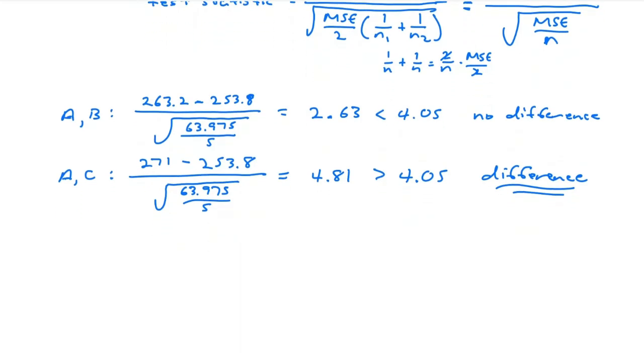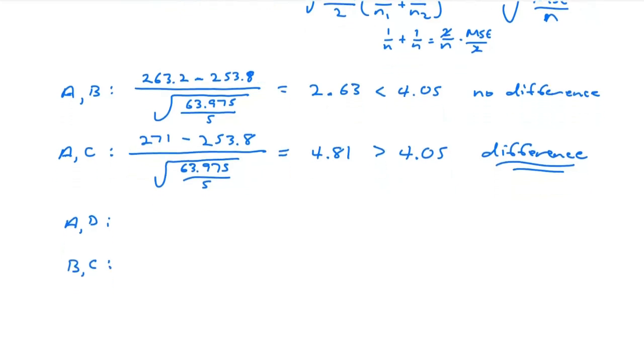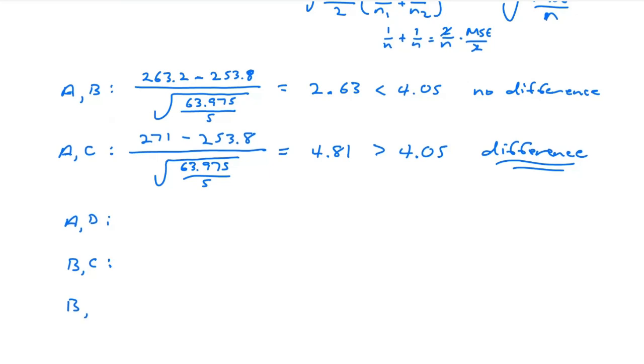All right. So I think you probably get the idea from here. I'm going to just give the values for the remaining ones. We have AD, BC, BD, and CD. Those would be the remaining pairs to test. Again, you're just setting up that same formula over and over again.